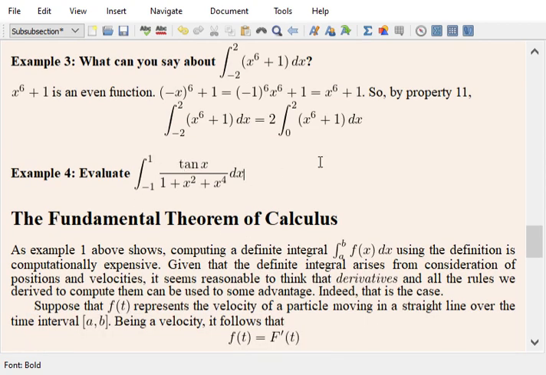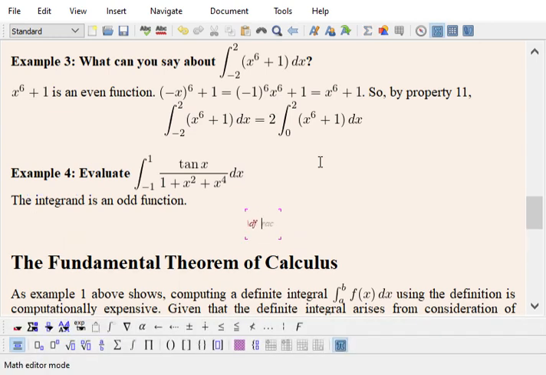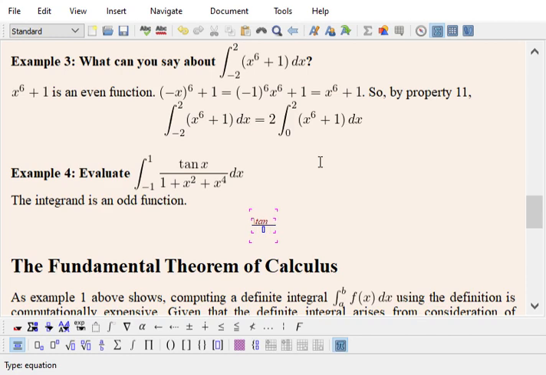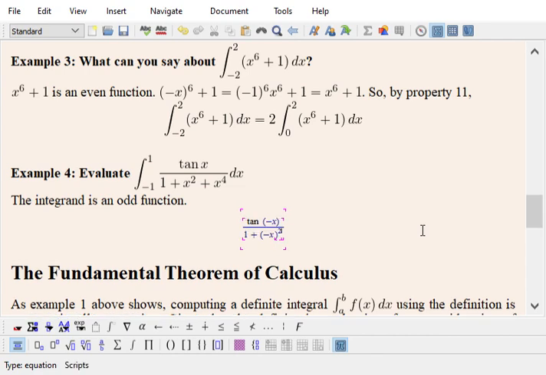So is this an odd function? Well, yes it is. So the integrand is an odd function. Indeed, let's see what happens when we plug in -x. Well, you may not remember this, but tangent itself is an odd function, which means that it spits out negative signs.